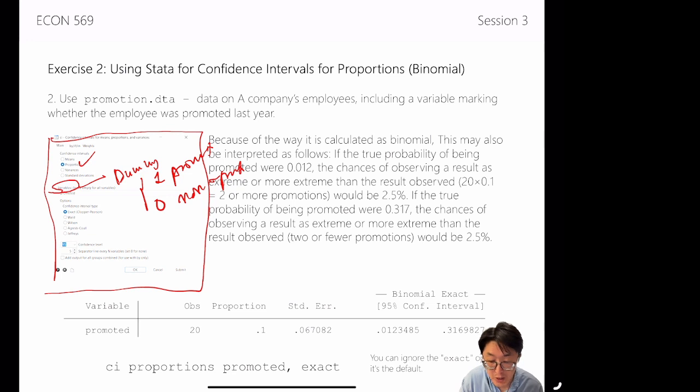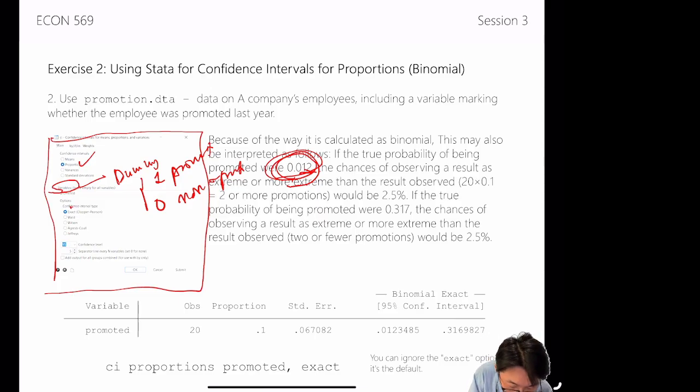If you calculate by hand, your proportion is about 0.012. So it's pretty low. However, we are not sure whether this previous history from the sample perfectly reflects the entire likelihood of promotion.